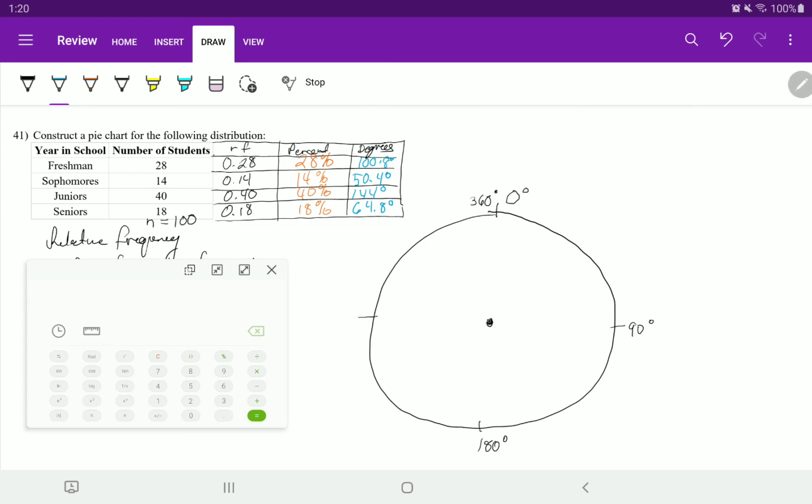So you draw a line here at 0 degrees. Now 100.8 is more than 90, but it's kind of close. So I'll put it right here. 100.8 degrees. And this category represents freshmen.